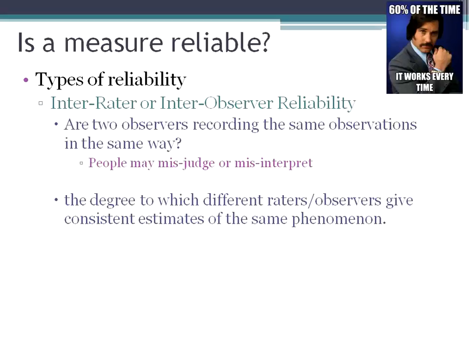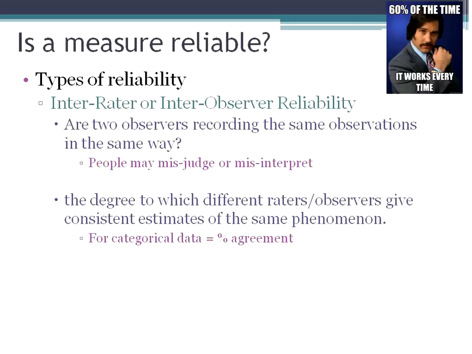Now, there's two ways that we can assess inter-rater reliability. If we're talking about categorical data, then we're asking about the degree to which two or more observers agree, the percentage of agreement.